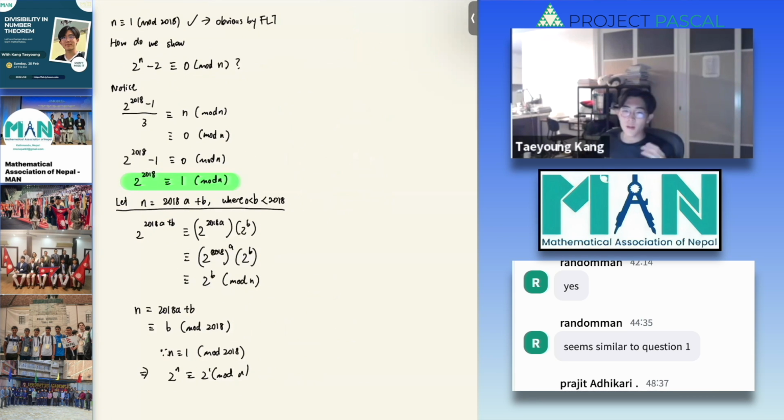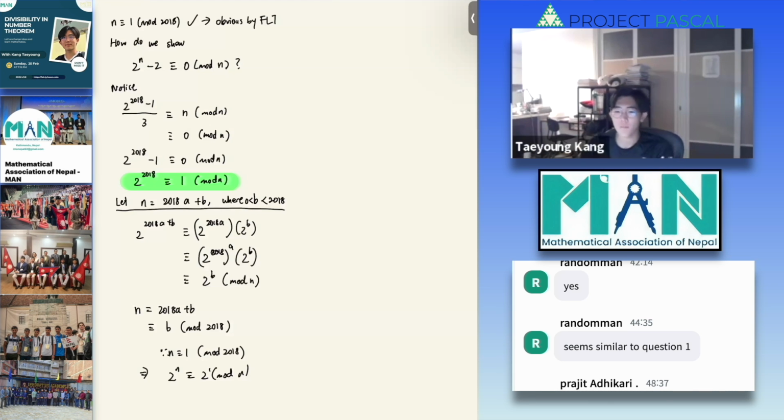I think it was harder to see initially, but now if you think about it through this logic, once you have 2 to the power of 2018 is congruent to 1 mod n, what you're basically doing is just removing multiples until you reduce it to n mod 2018, which is just 1.